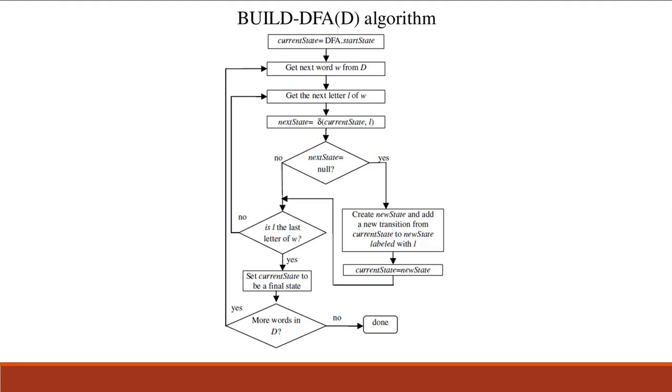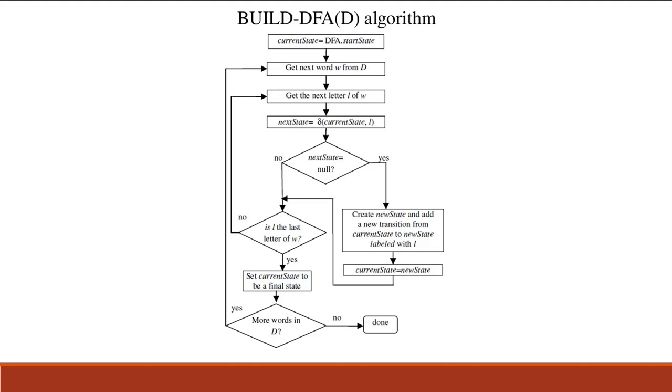If the next state is null, then we create a new state and add a new transition from the current state to the new state labeled with L. And we make the current state equal to the new state.